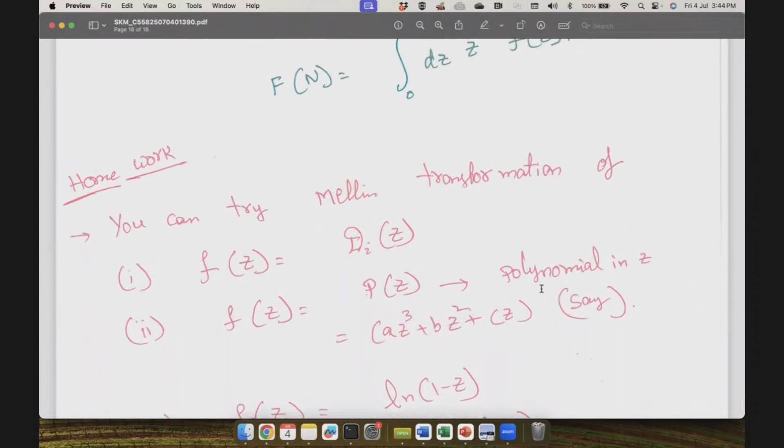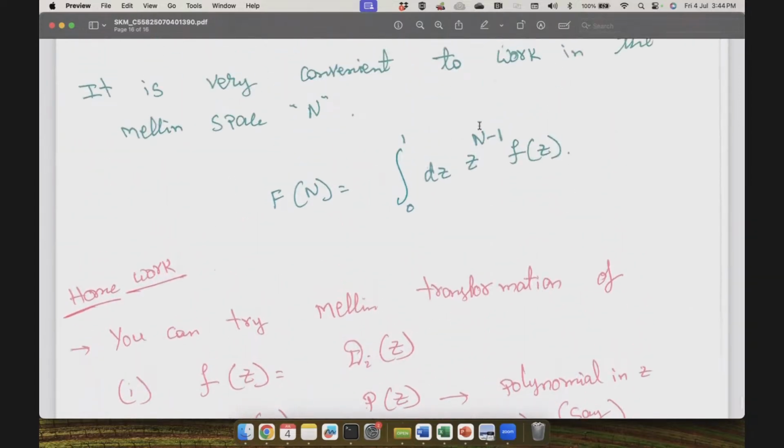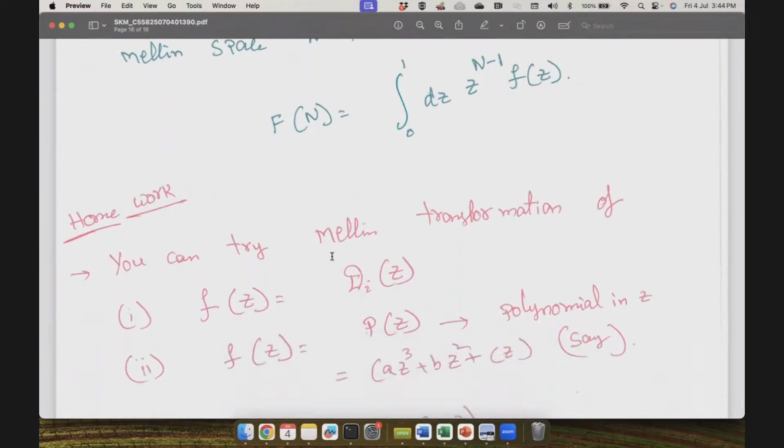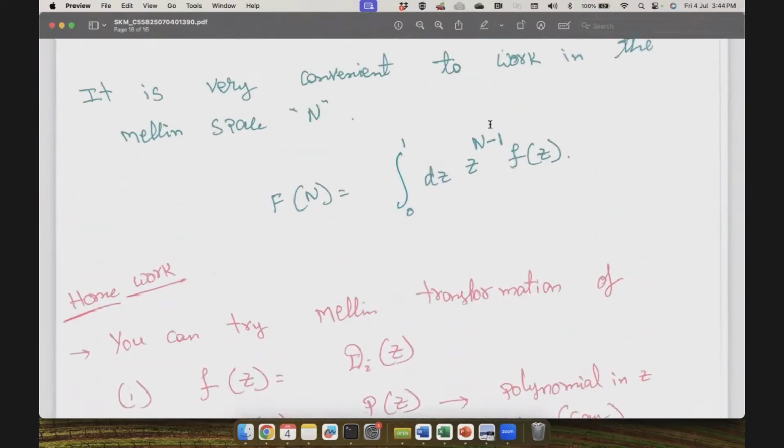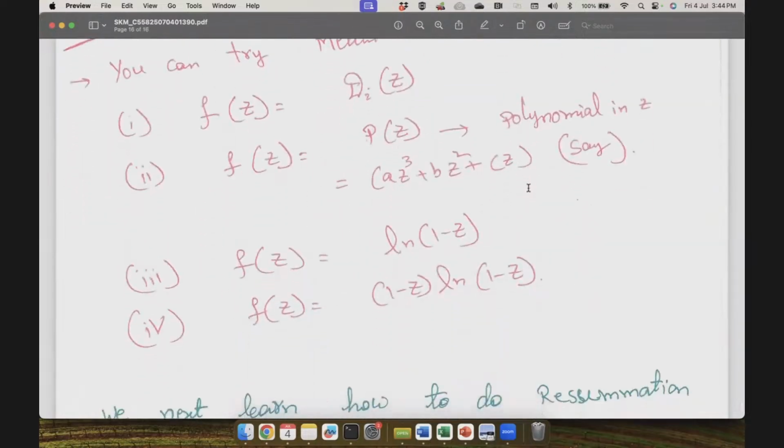Some simple polynomial function you take, and you just do this kind of integral, and this is called the Mellin integral. So you can convince yourself what comes out as a result of this integral. Particularly if I take this logarithm on the right hand side, and you see what you get on the left hand side. This is very, very important.